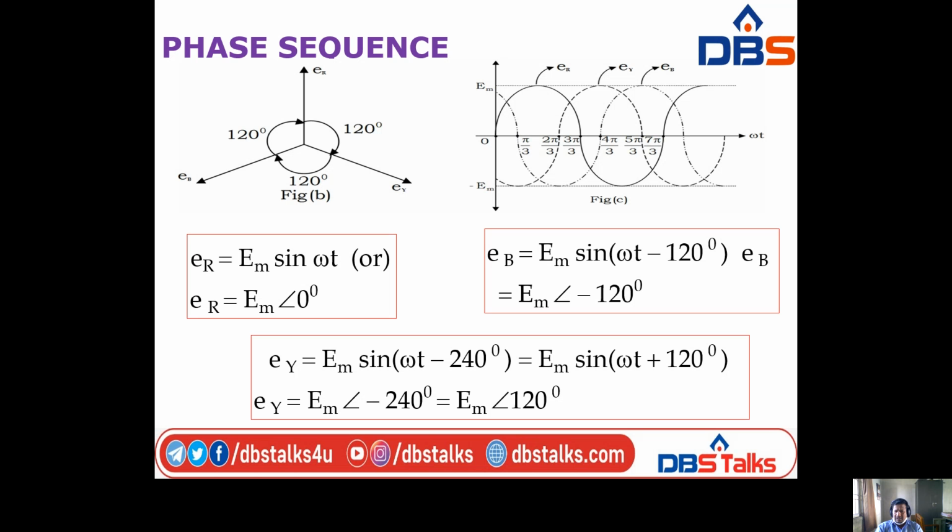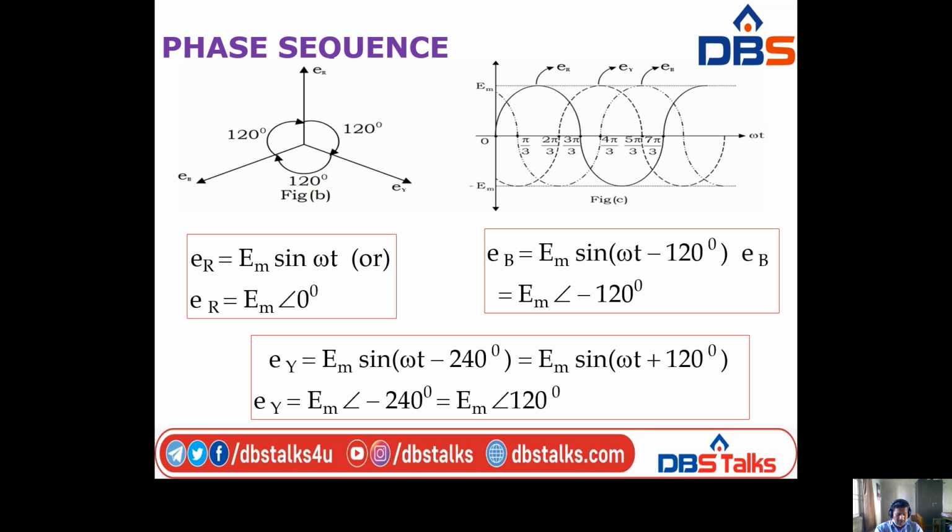So ER will reach its maximum value at 90 degrees, then EY will reach its maximum at 4 pi by 3, and EB at 5 pi by 3, like that. So the definition of phase sequence is the order in which the voltages attain their maximum values.